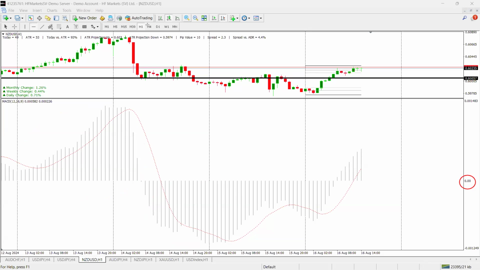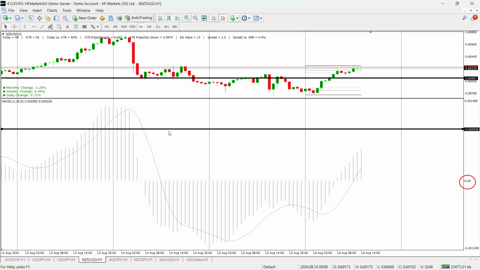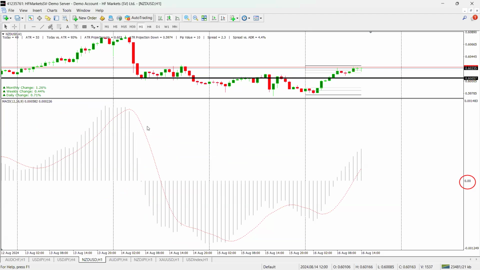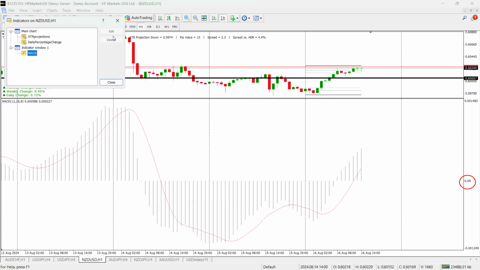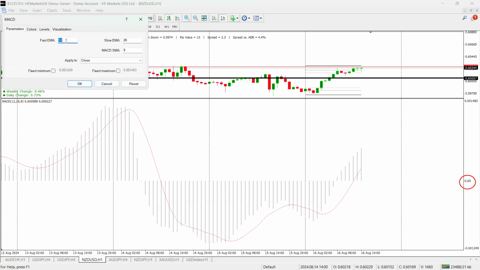And then we now also have the signal line, which is this broken line. We call it the signal line. If you look at the properties of MACD, you'd see the levels: 12, 26, and 9, which is absolutely correct, although you don't have to worry about the numbers.